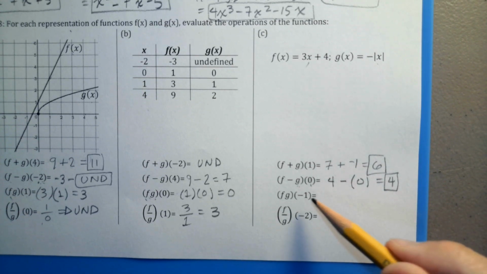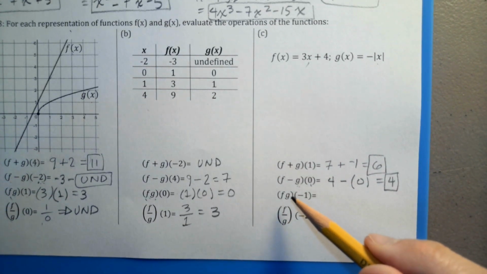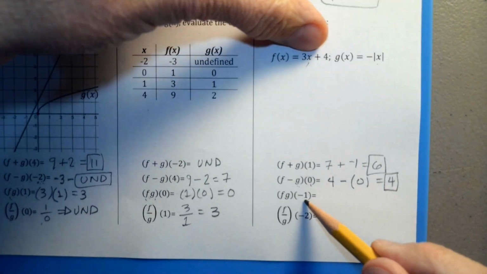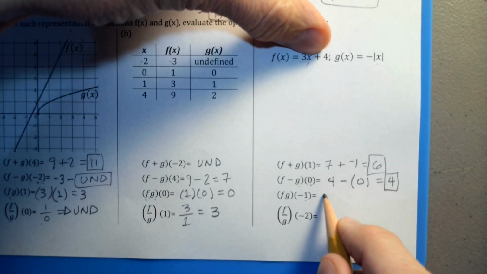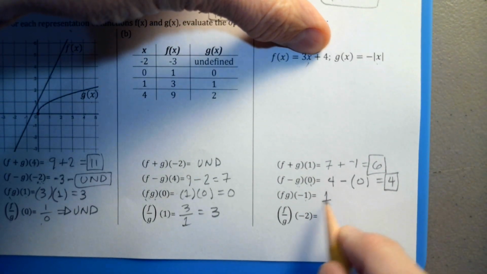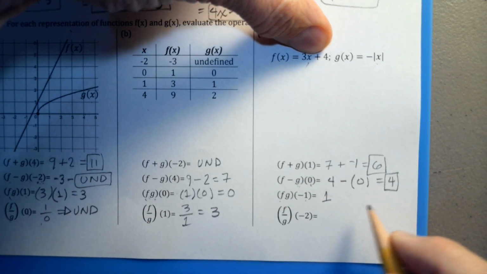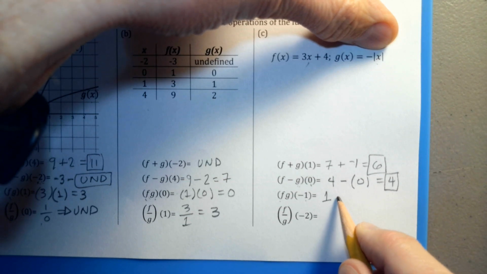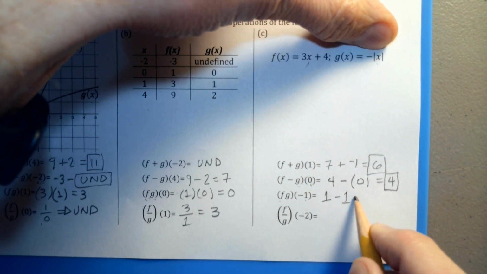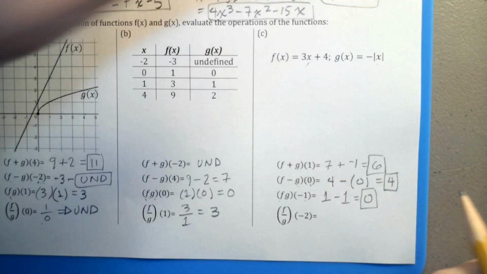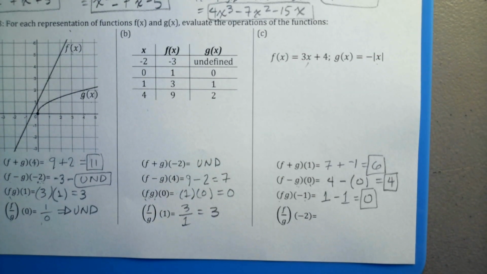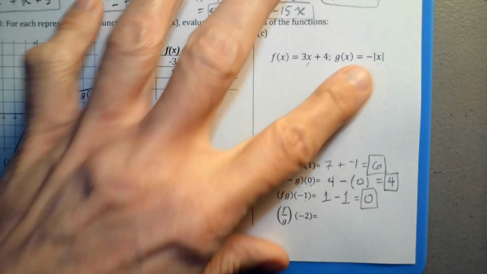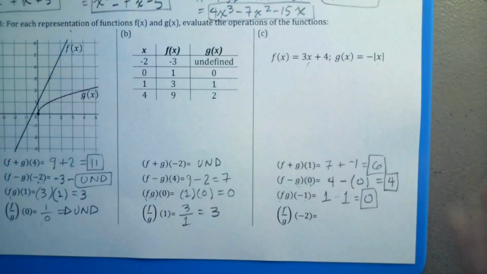All right, f times g of -1, so a -1 in here, that gives us what? 1 into f, and then g of -1, that is also -1, so that should give us 0. Oh, sorry, we're not subtracting, we're multiplying there.